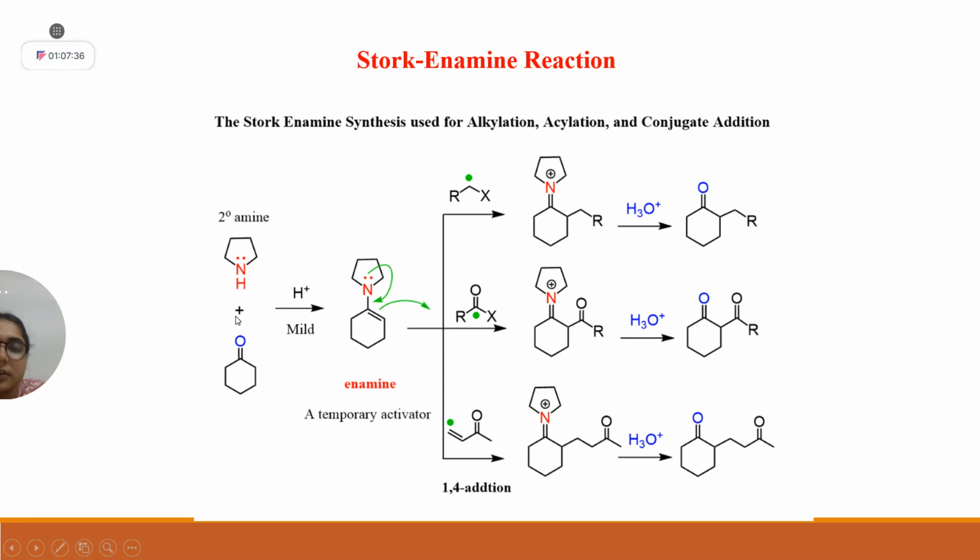Let me write, otherwise you will get confused again. In presence of acid, students, this carbonyl will be activated. For clear understanding, I am writing it NR3. R can be anything. This nitrogen will attack onto this position. What you will get?